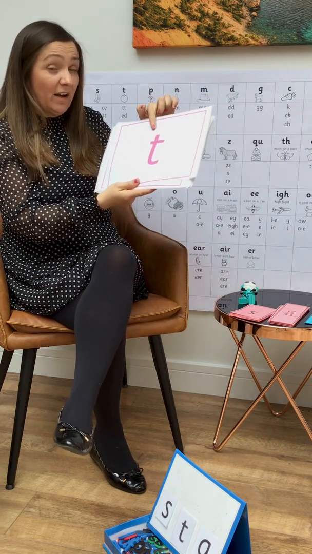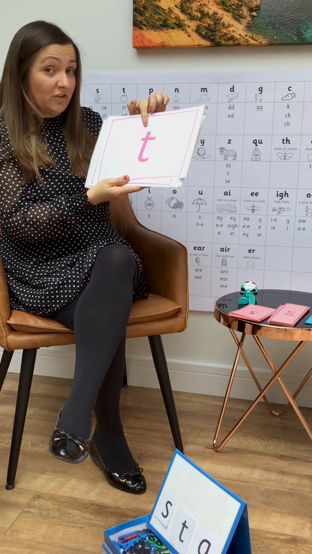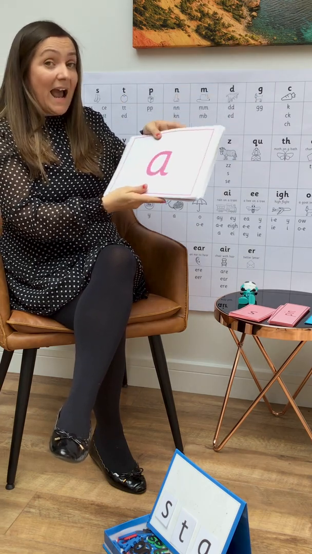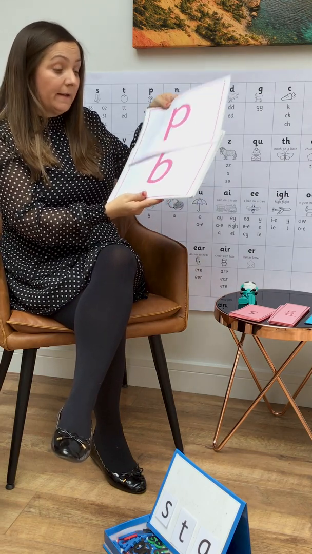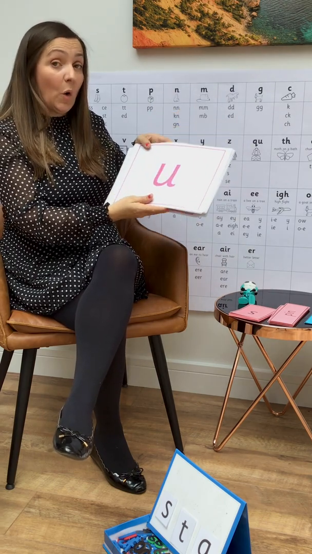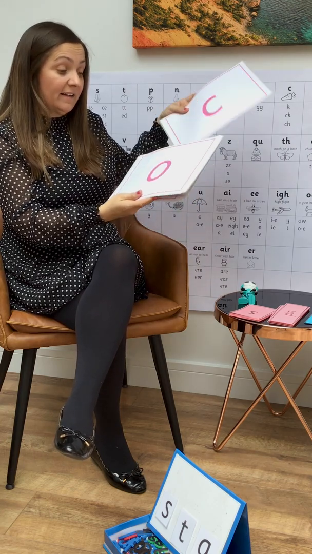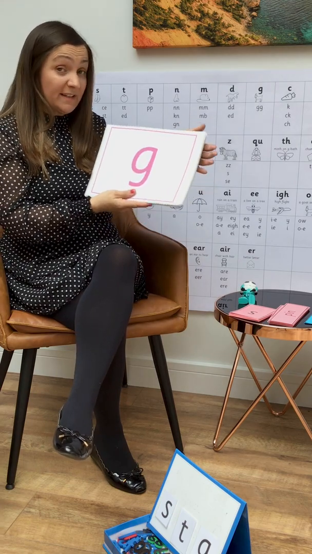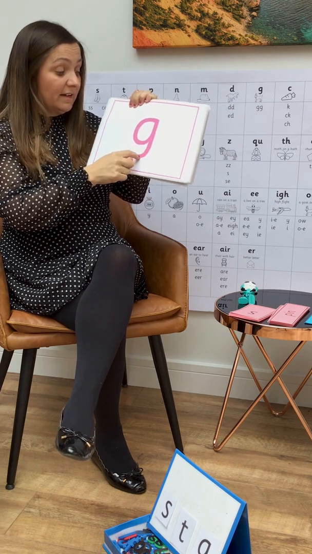Just to point out here, our t is particularly small at Overchurch because we use the Thrass letter formation, and it is a lot smaller than the other tall letters. k, k, k; p, p, p; b, b, b; h, h, h; g, g, g. We would still teach those in the same way.